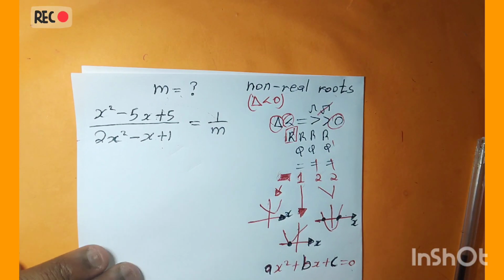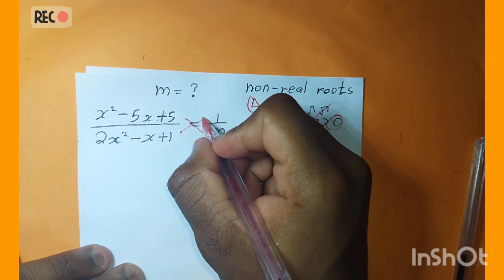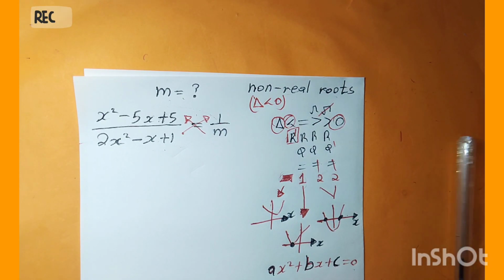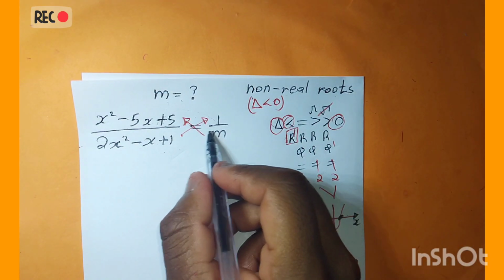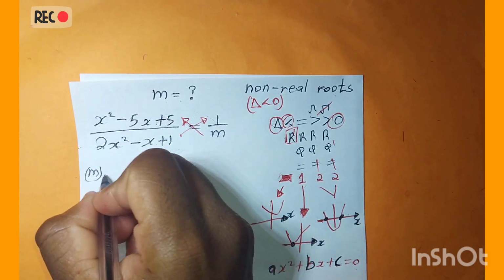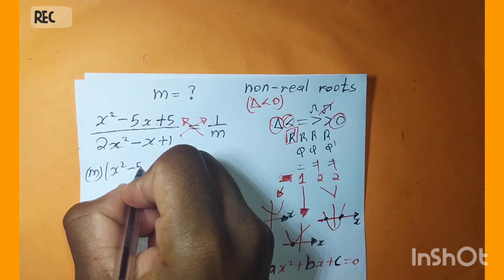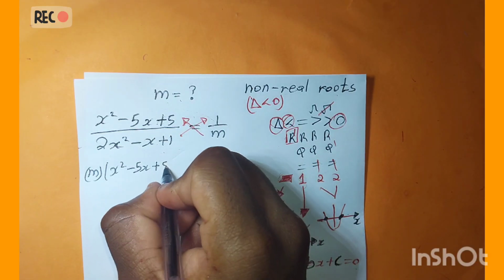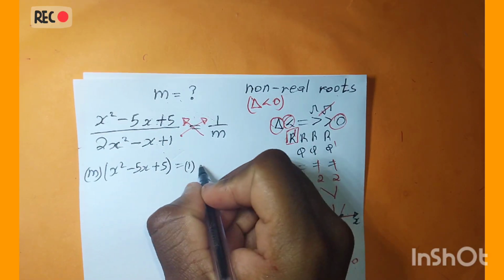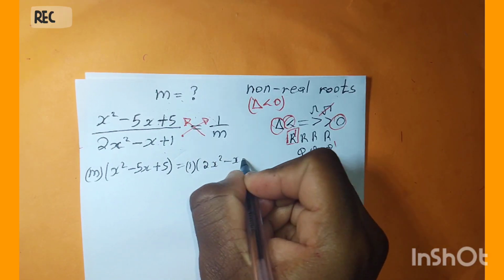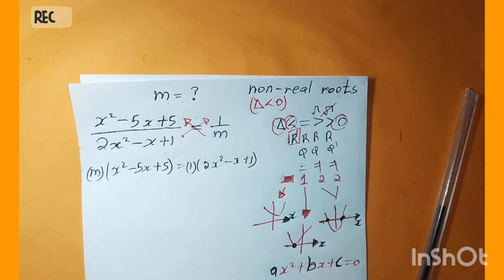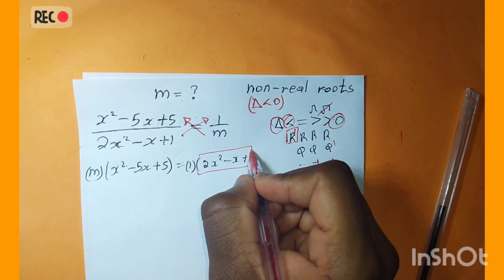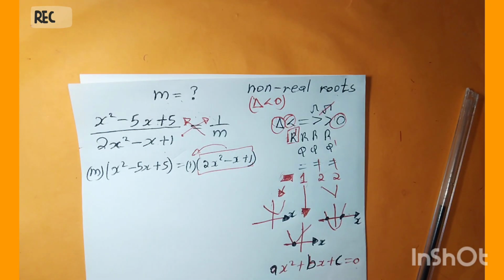So the first thing I will do is cross multiply. I do that cross multiply, guys, to remove brackets, to remove the fraction. Something like this, here we got plus 5, here we got 1 multiplied by this. Take note that anything you multiply by 1, you get the same thing.